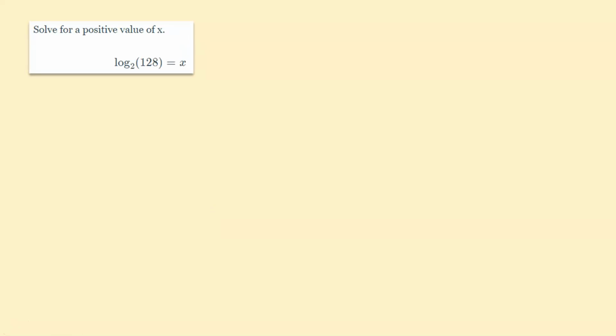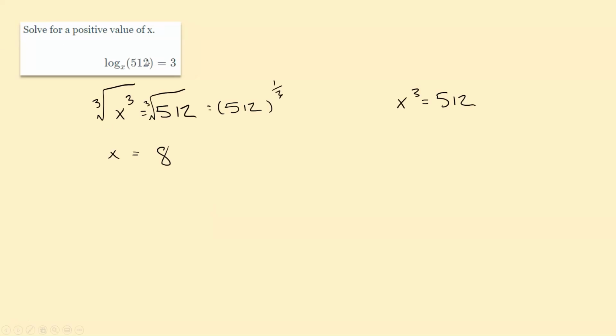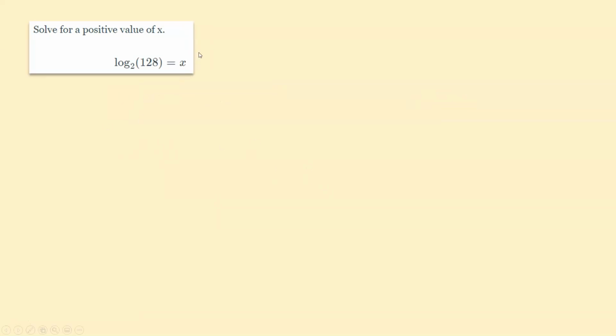So here's another type of problem. So the previous one, we were solving for the base. Here we're solving for the exponent. So these are similar to the ones we had last class, but it's set up as an equation. So 2 to what power equals 128. These you can also do by guess and check.